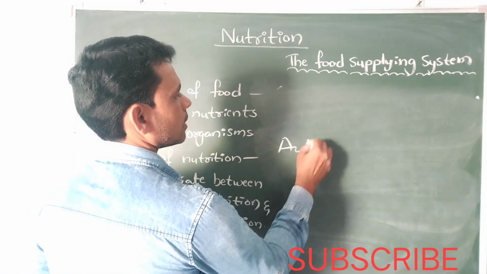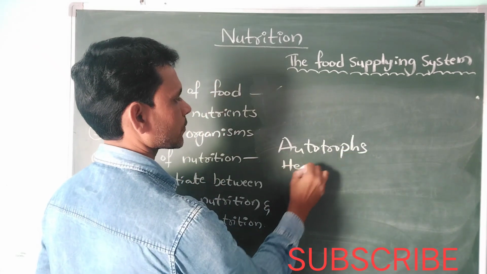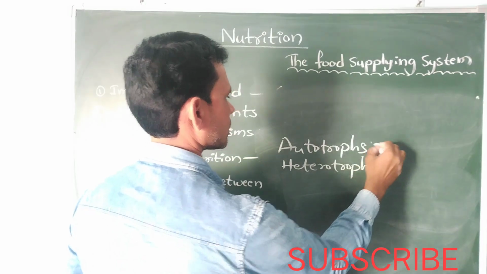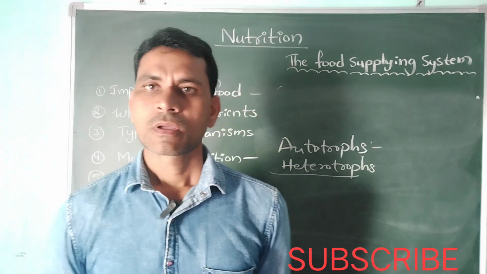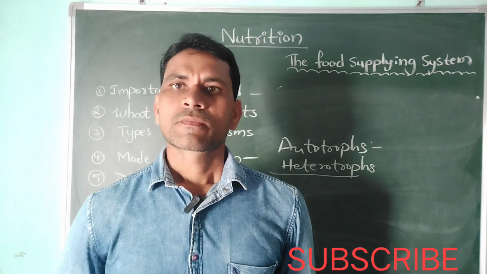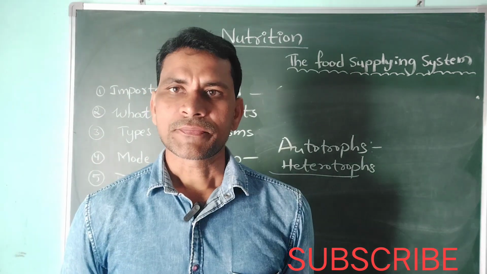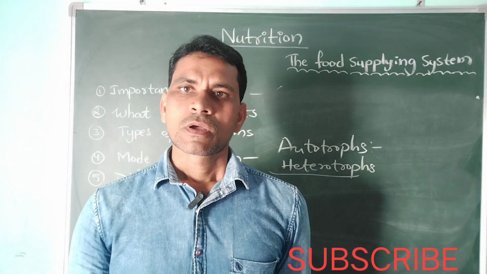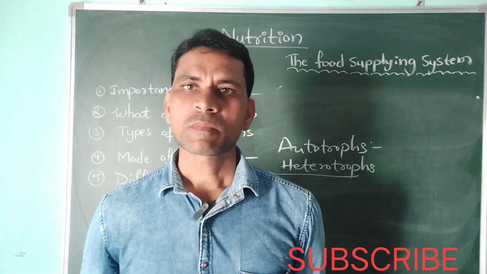Mode of nutrition: first of all, autotrophs and heterotrophs. So what are autotrophs? Autotrophs are organisms which convert light energy into chemical energy.